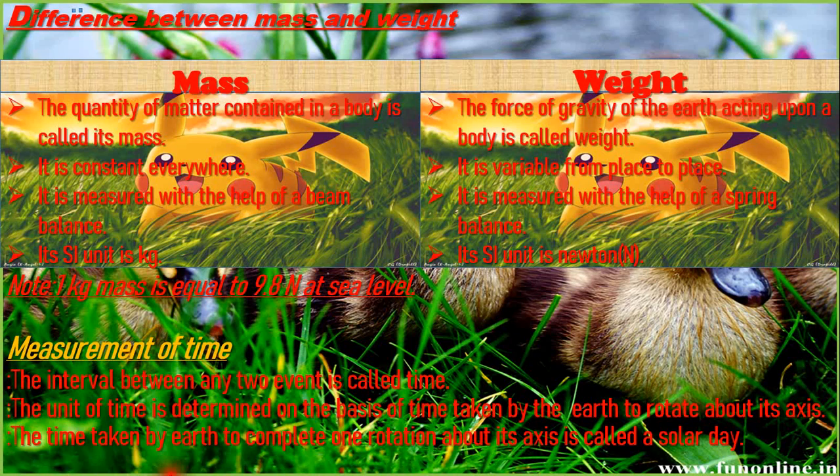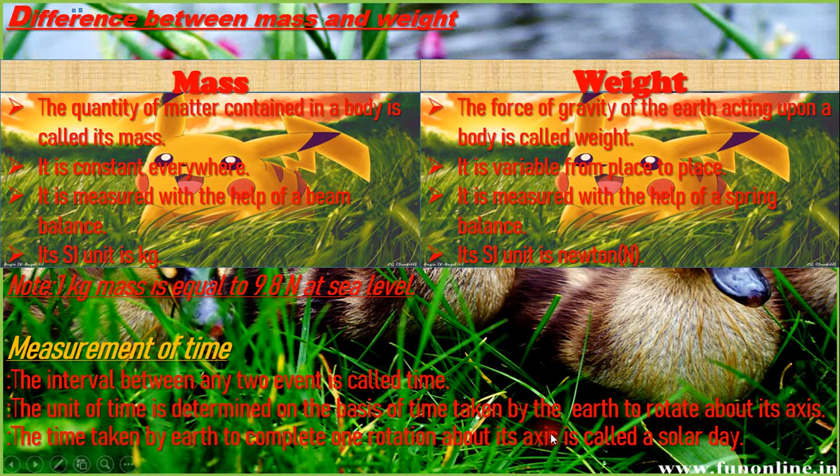And when the Earth revolves around the Sun, it causes season change. So we must be clear about the rotation and revolution of the Earth on its axis and in its orbit. The unit of time is determined on the basis of the time taken by the Earth to rotate about its axis, not the time taken by the Earth to revolve around its orbit.